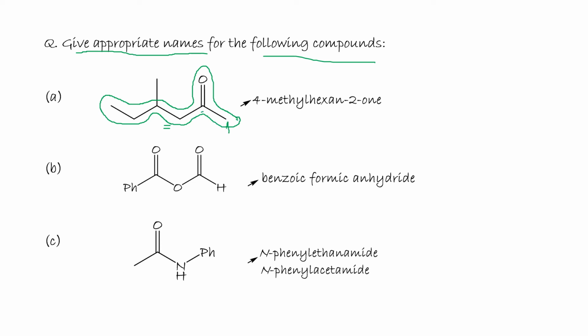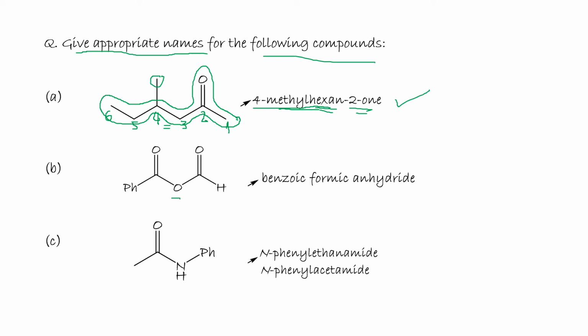We number 1, 2 from the end shortest to the carbonyl functional group, then 3, 4, 5, 6. So that will be hexanone, hex-2-one, hexan-2-one. And on carbon 4 we have a methyl, so it's 4-methylhexan-2-one.